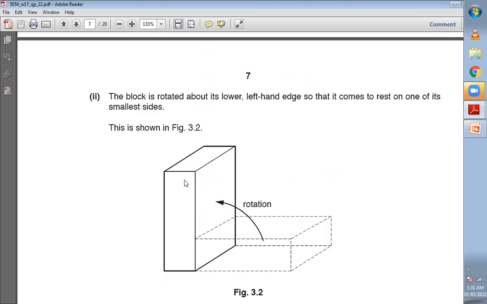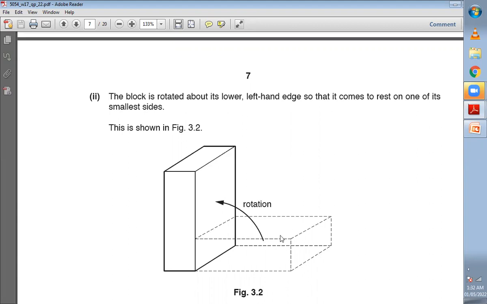You see, when you rotated it, the center of gravity, the center of mass, was here. Now it has gone here. So its center of mass has gone up, it has gone higher. So the gravitational potential energy of this block will increase. That's why I can say that because the energy has increased, its gravitational potential energy has increased, so work has been done.